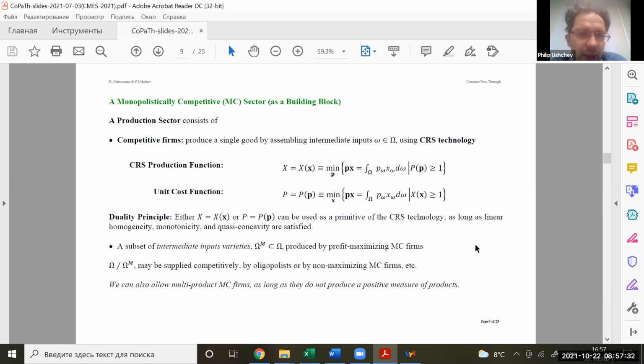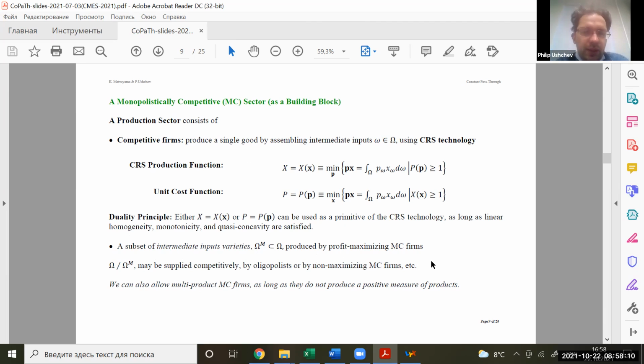We basically do monopolistic competition within a production sector, which consists of competitive firms producing a final good and assembling it from a continuum of intermediate inputs using constant returns to scale technology, and at least a subset of positive measure of intermediate input varieties is produced by monopolistically competitive firms.